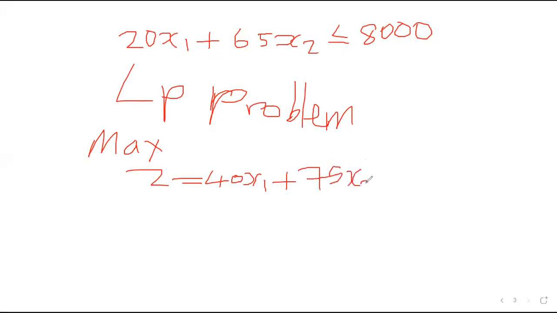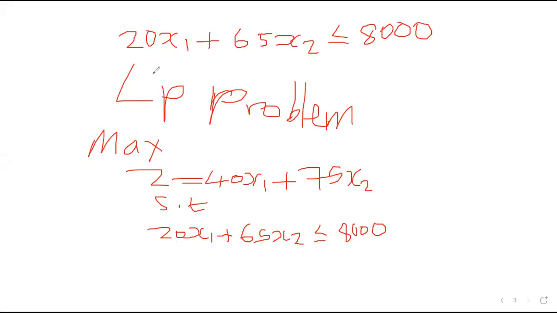I will explain again for those who are behind on how we put the objective function. Subject to, constraint 1 should be the first one, which is 20x1 plus 65x2, which should be less or equal to 8,000. Okay, which is coming from there.